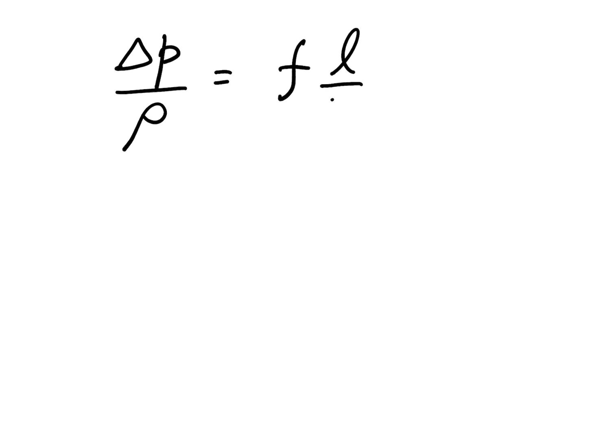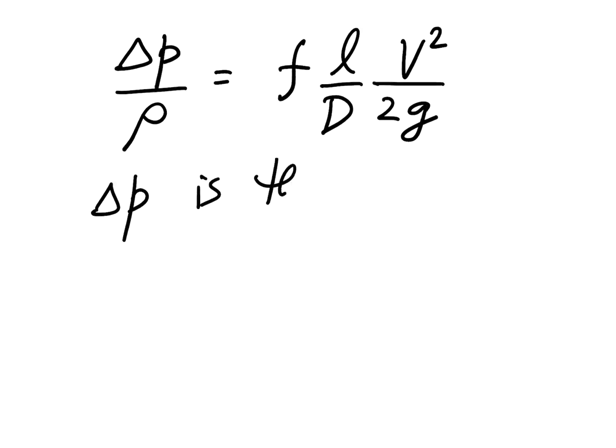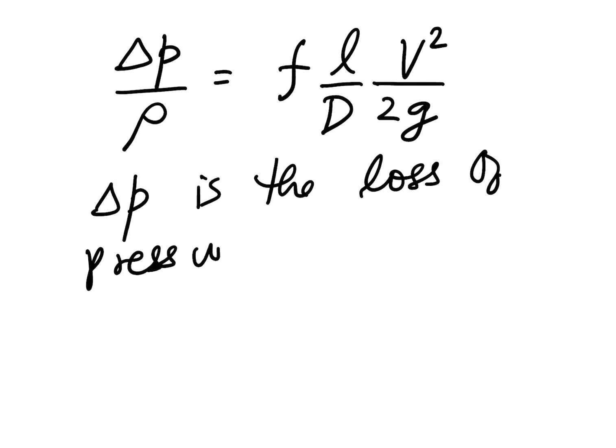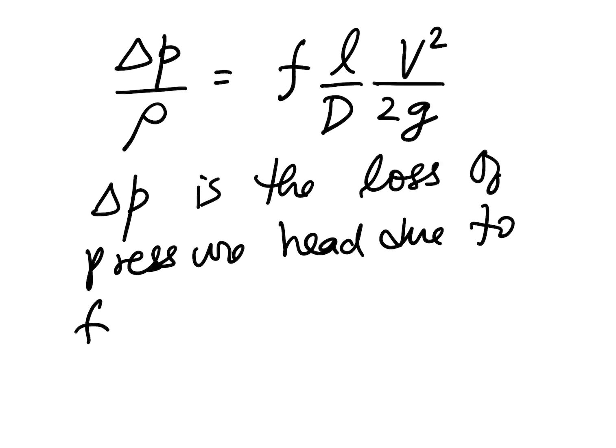So in this case, the pressure loss, or delta P divided by rho, may be written as a friction factor F times L by D times V squared over 2G. Now what are these terms? Delta P is the loss of pressure head due to friction.